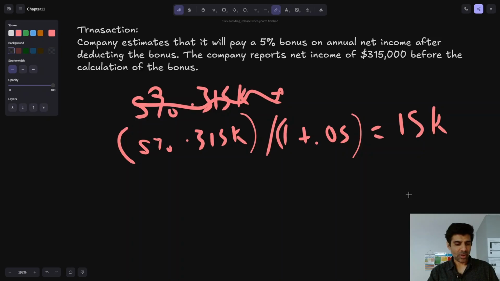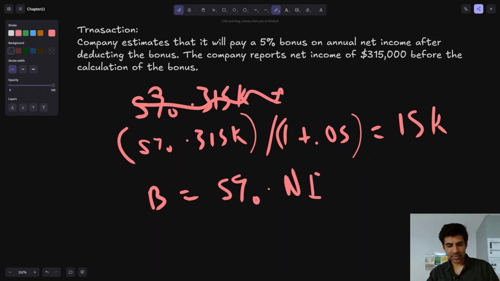So there's two equations. 5% of our net income is going to be the bonus. So the bonus equals 5% times NI. There's two variables and only one equation so far, so we can't solve this yet.